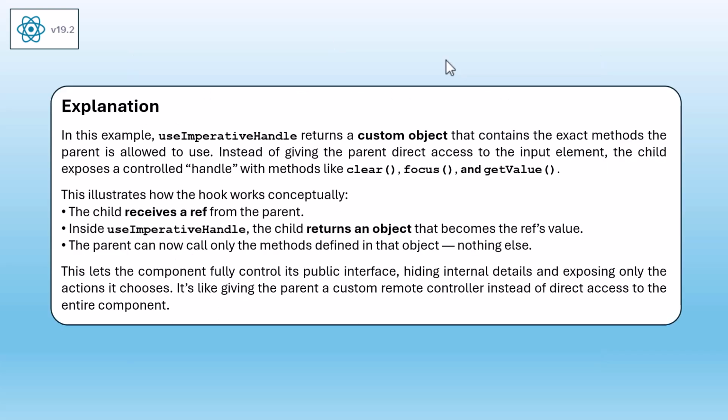Inside useImperativeHandle, the child returns an object that becomes the ref's value. The parent can now call only the methods defined in that object, nothing else. This lets the component fully control its public interface, hiding internal details and exposing only the actions it chooses. It's like giving the parent a custom remote controller instead of direct access to the entire component.